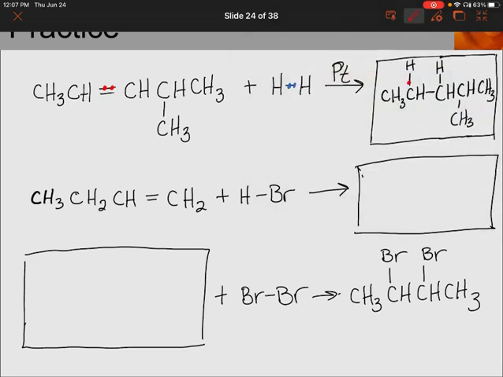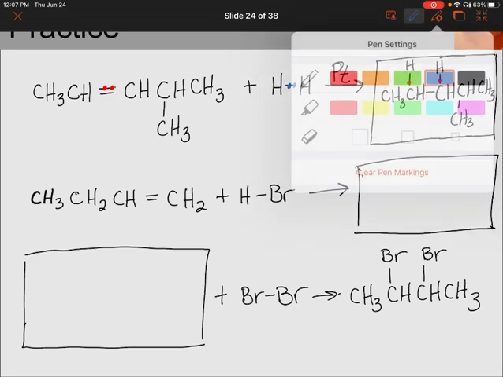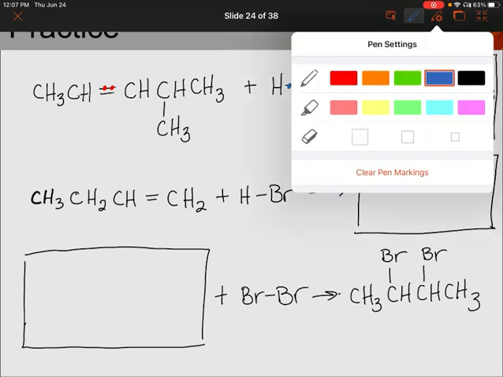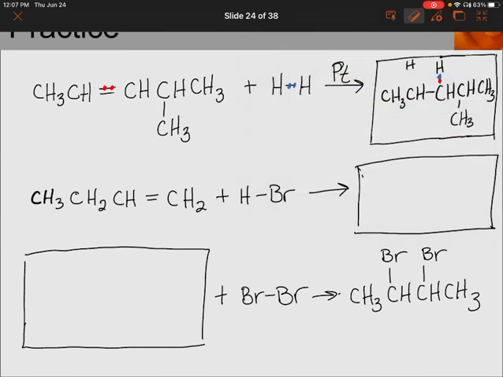All right, so now we've got our two new bonds. Now you could draw the hydrogens up above if you want to keep track of where they went, or we know that those two carbons on the double bond are each gaining a hydrogen, so we could write that as CH2 and CH2 because they each gained a hydrogen. So you could also write it that way.